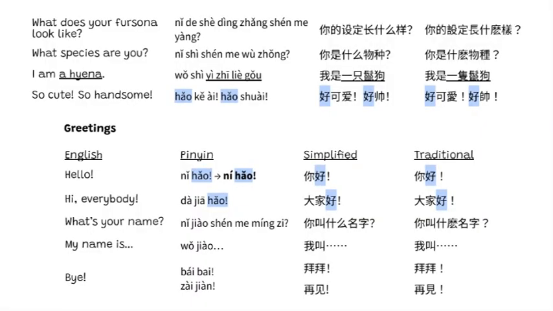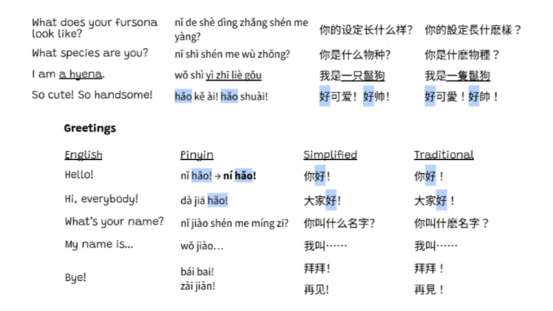Okay, so 你好. This 好 here is the exact same character as the one we learned for cute. So 好可爱 and 你好 use the exact same character, because it conveys the meaning of good.